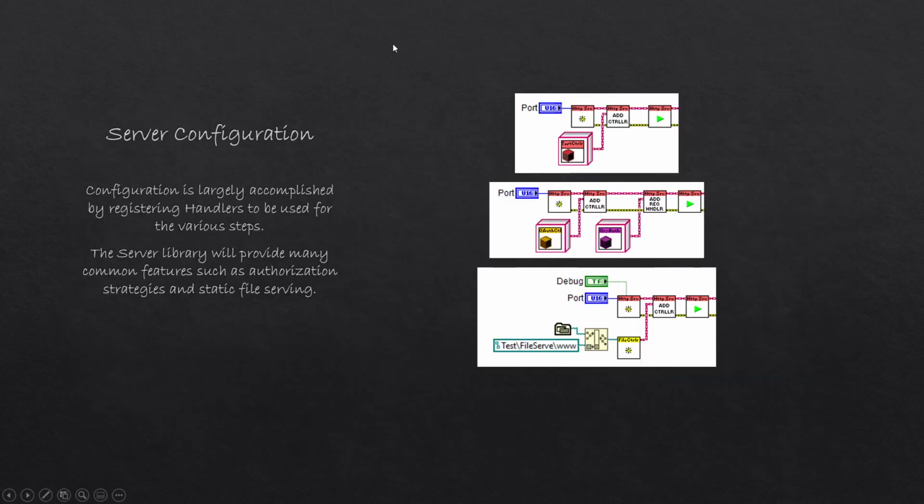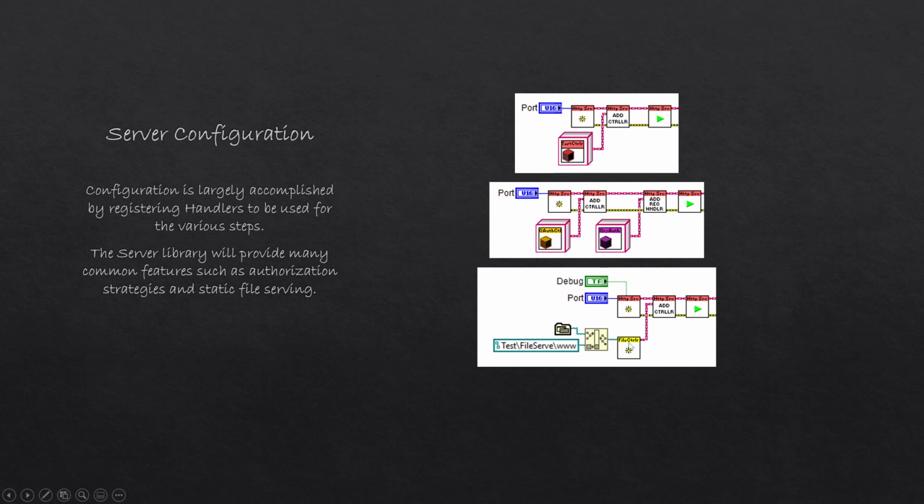So we talked about server configuration. It's as simple as running a bunch of registrations at the beginning of the application after you've called the initial constructor method of the server. You are then free to add handlers and controllers to it, and more features in the future. Those handlers can themselves have some configuration.